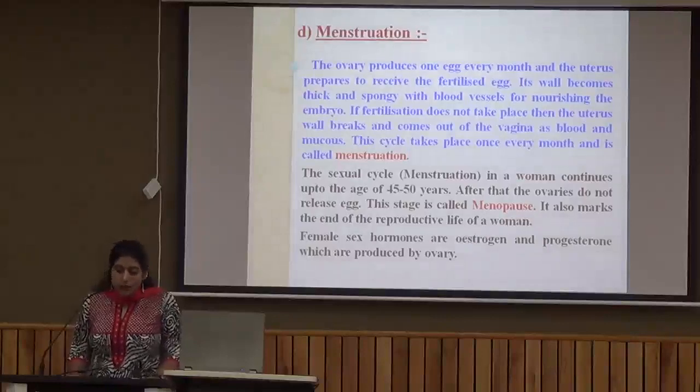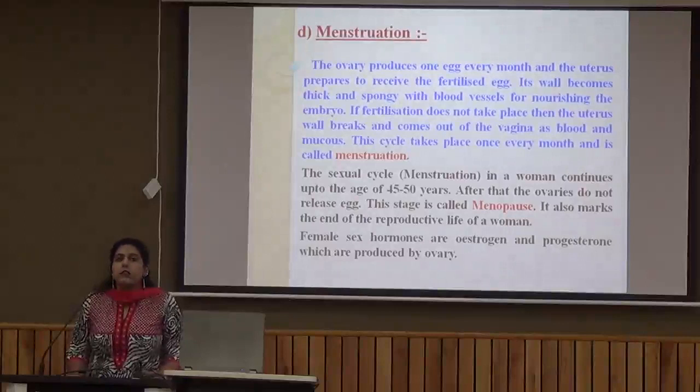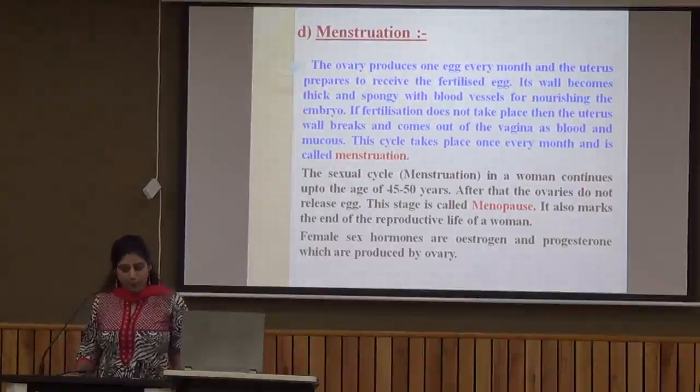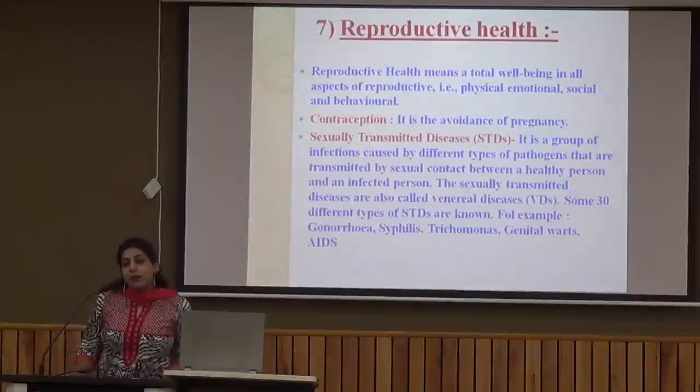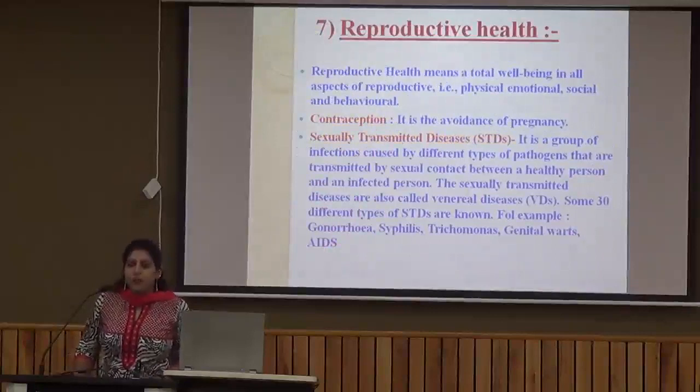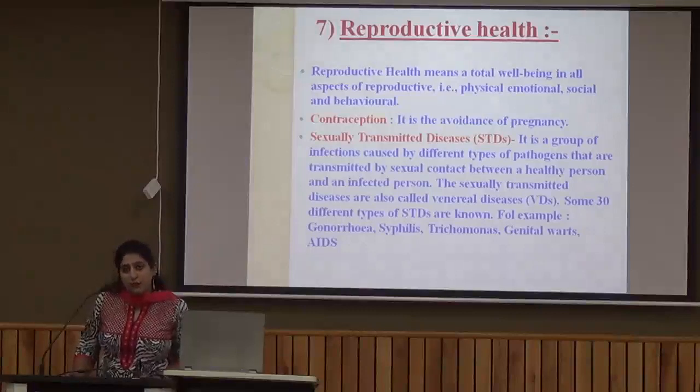Female sex hormones are estrogen and progesterone, which are responsible for all these regulations in the female body. Now the most important topic, one of which is reproductive health. Very important, as we should be aware and conscious and take care of our reproductive health, because your body is a temple and you need to take care of it.